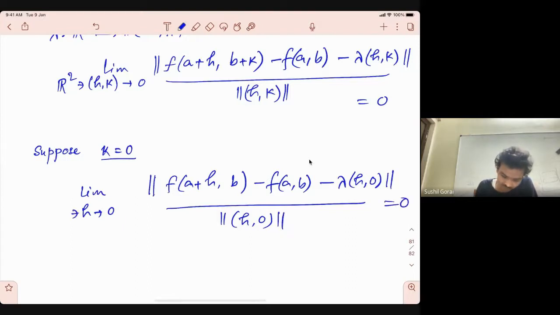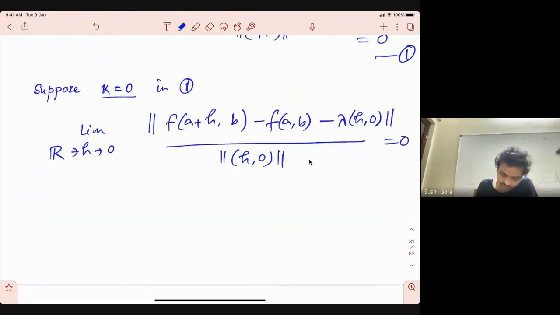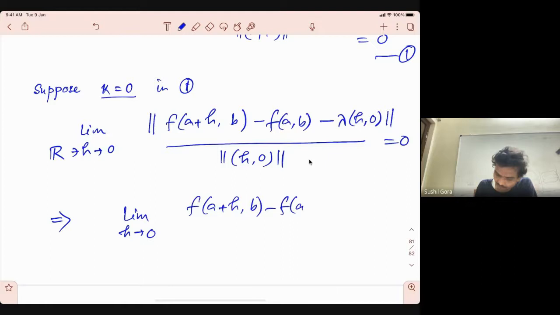Now h is in R, right? By this limit, since this limit exists, this implies the limit as h tends to 0 of f of (a plus h, b) minus f of (a, b) minus lambda of (1, 0) times h is 0, since lambda is a linear transformation.